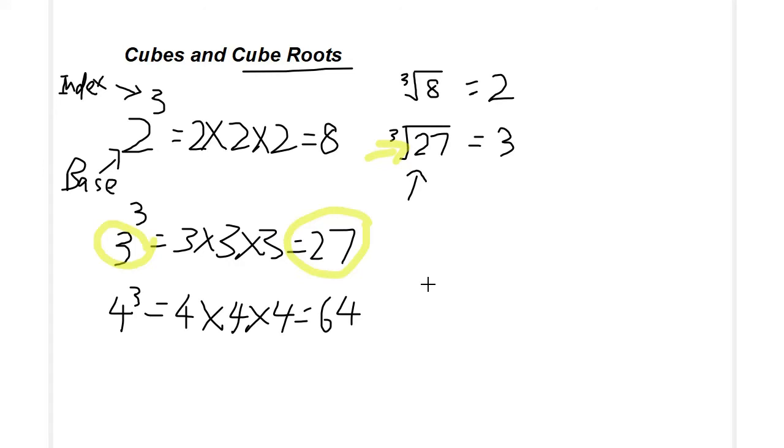Now let's try for bigger numbers, and that's where you have to make use of prime factorization. So let's see. Let's say we were to find a cube, let's say 8 to the power 3.